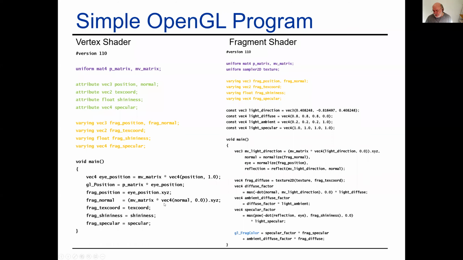The normal vector, here we're apparently assuming that our model view matrix is an orthonormal matrix, because otherwise we would have to have an extra matrix just for normals. Or we would have to compute the transpose of the inverse, but that would be stupid because we would do that per vertex, right? This vertex shader, of course, gets called for each vertex.